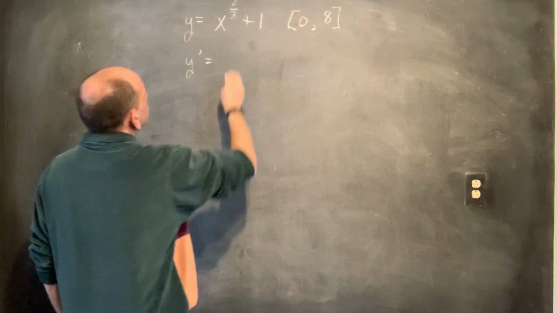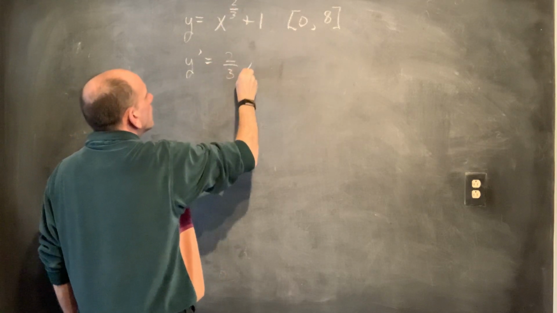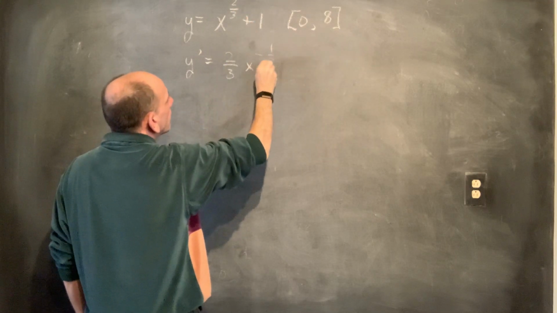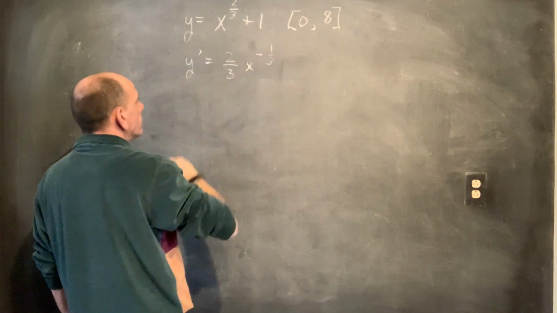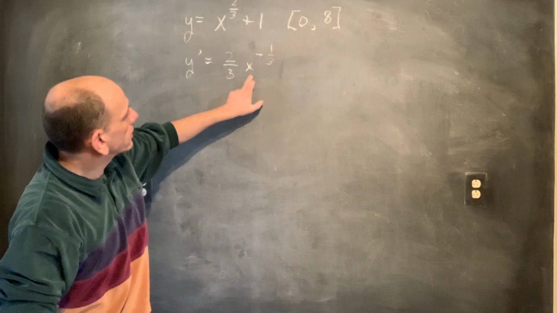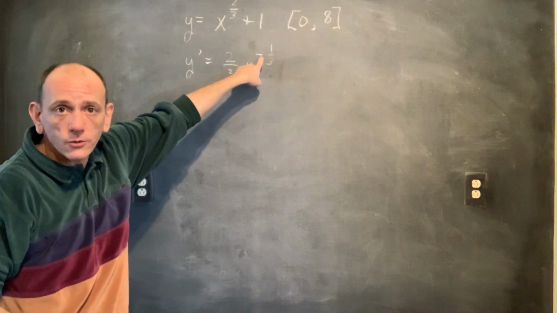So y prime, let's see, 2/3 x, subtract 1, so negative 1/3. Derivative of the constant is 0. But this is a cube root of x in the denominator. It's downstairs.